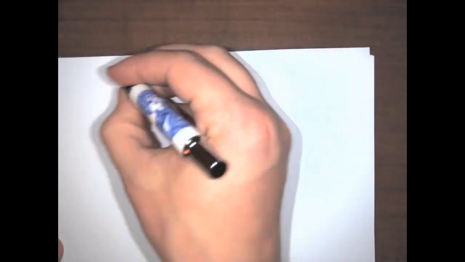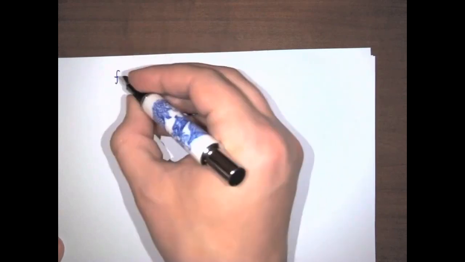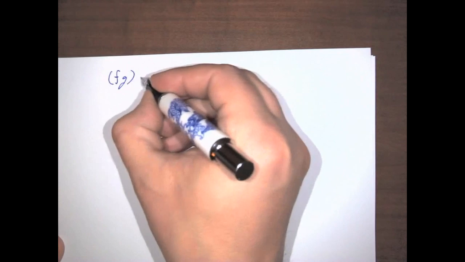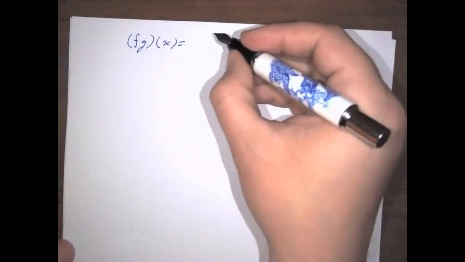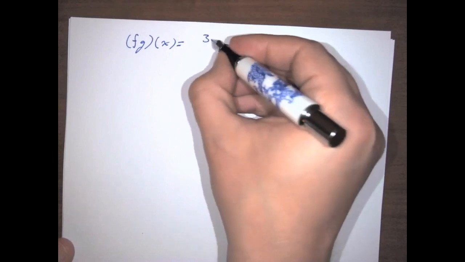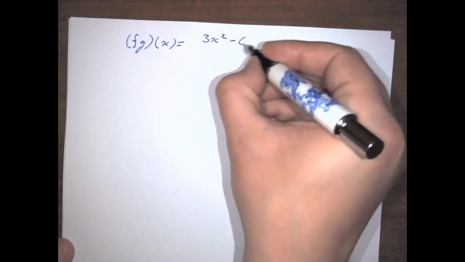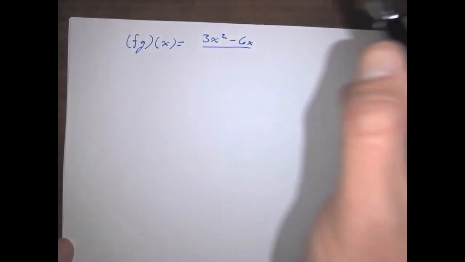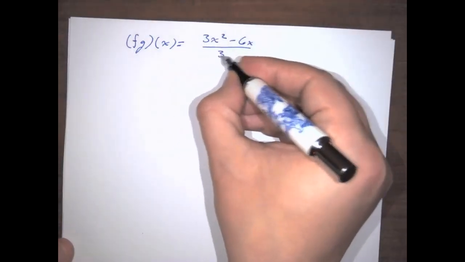So we rewrite this, so fg of x is equal to 3x squared minus 6x, all divided by 3x.